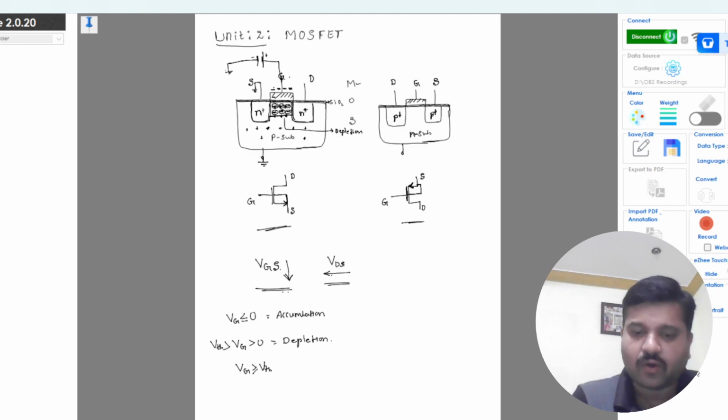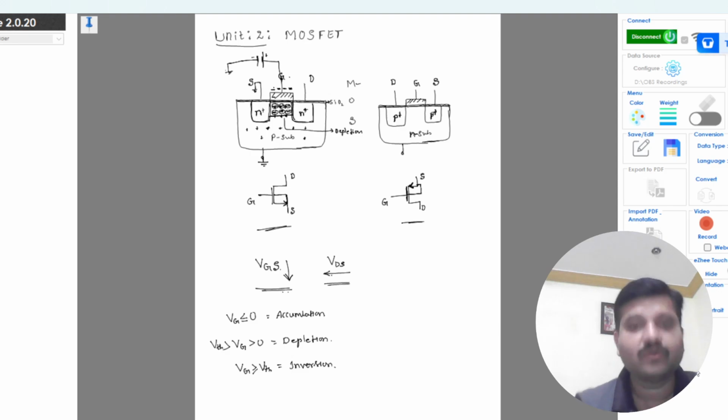A channel is formed. This P region has been inverted so that the majority charge carriers are electrons, which is basically an N region. So this is an inversion region, the inversion mode of operation.